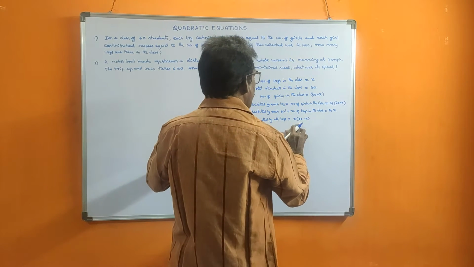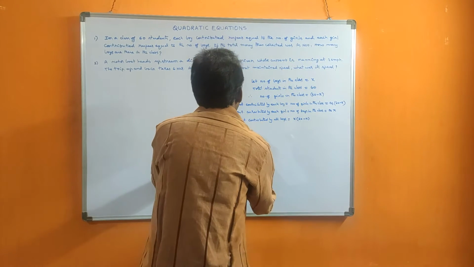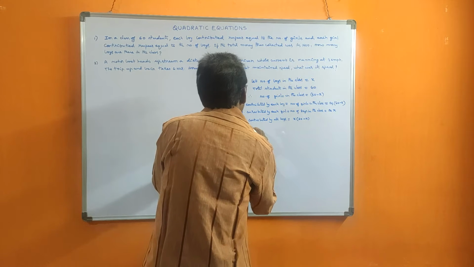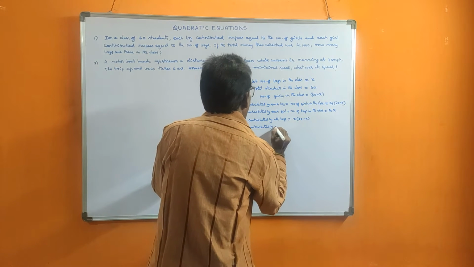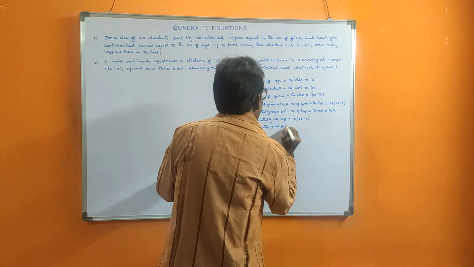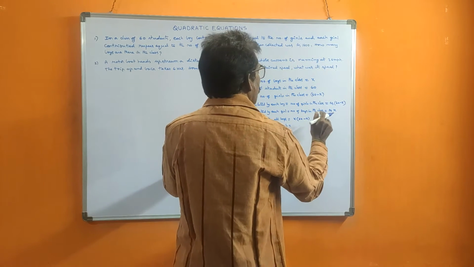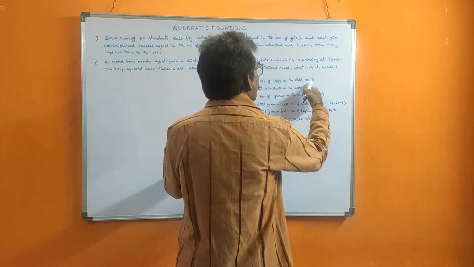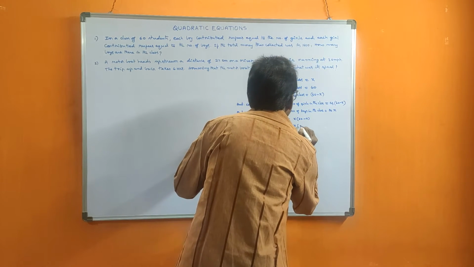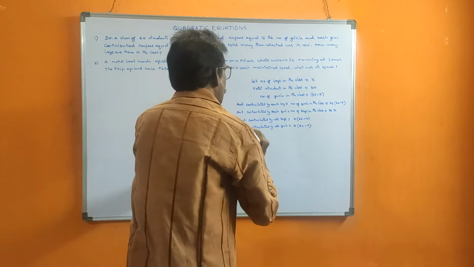Like that, the amount contributed by all girls: girls are 60 minus x in number, and each contributed x. So this is also x into 60 minus x only.